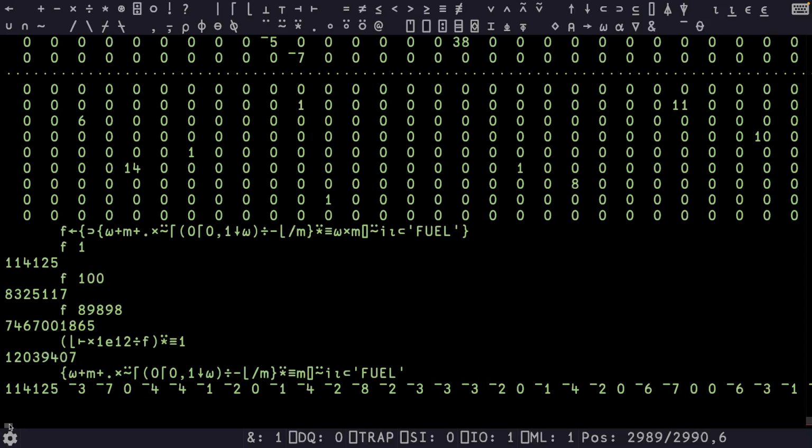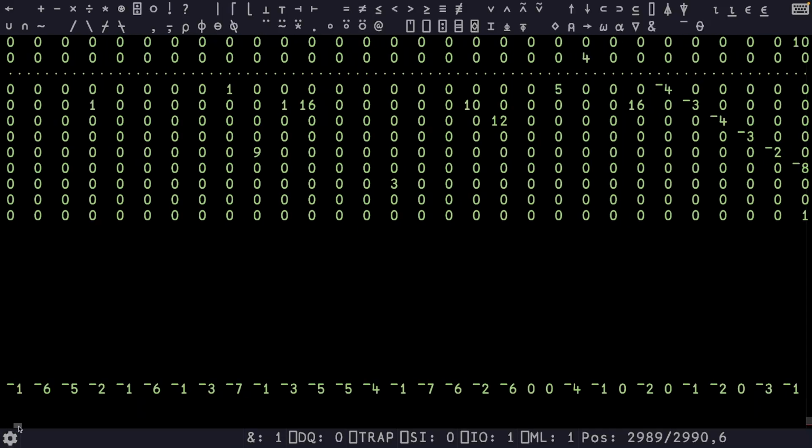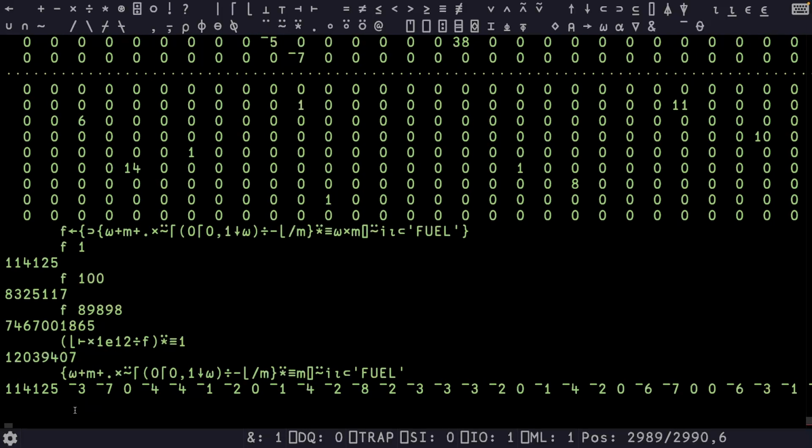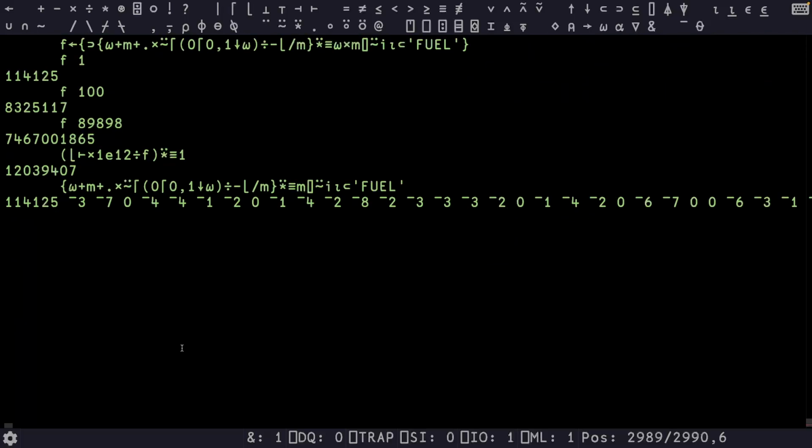You can see that we have a ton of negative numbers here, which denote a ton of surplus that's being just left on the ground after we're done producing our fuel. So if you had to produce 10 fuel, if you produce them one at a time, then all the surplus is going to waste. However, if you produce the 10 fuel all at once, you're able to use that surplus, and that brings your ore cost per fuel down.